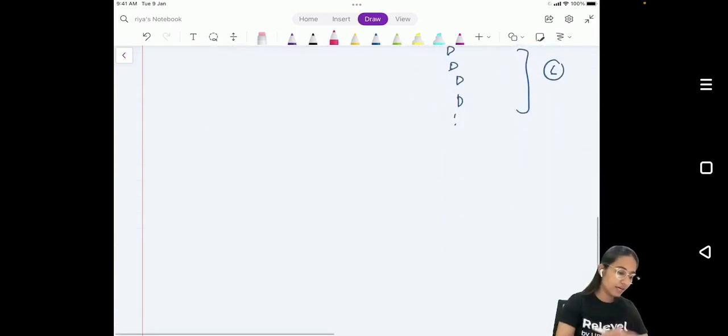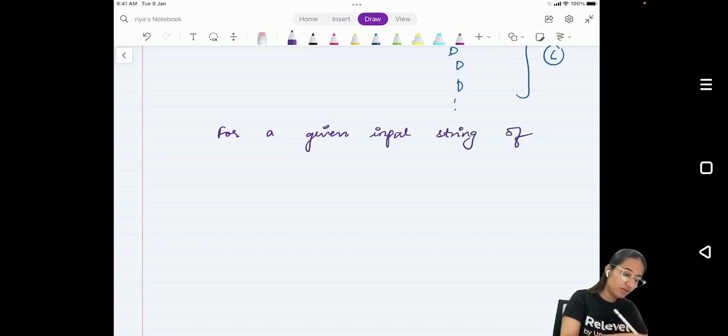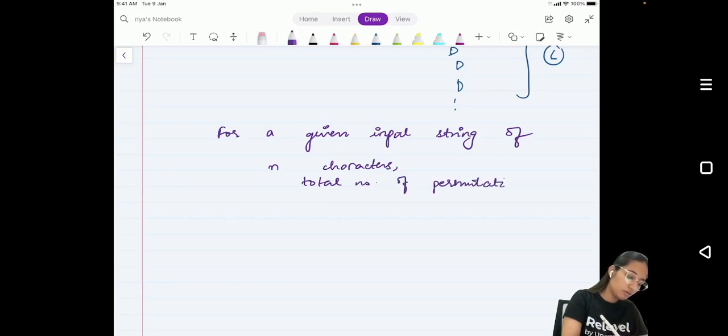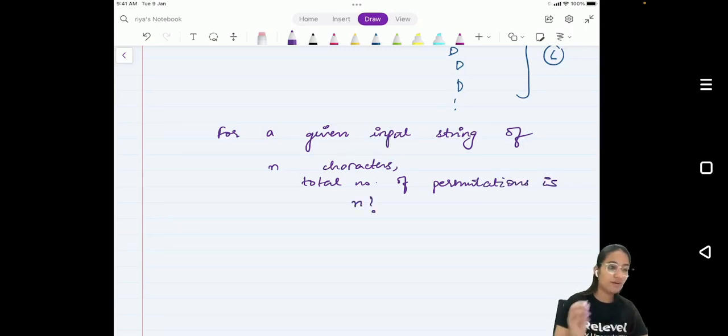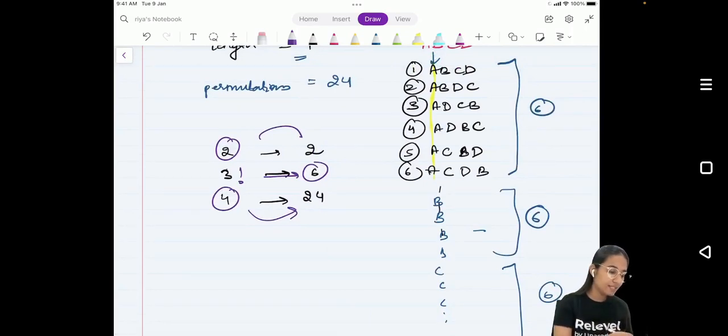So I can say that for a given input string of n characters, the total number of permutations is n factorial, and that we have seen from the proof here as well.